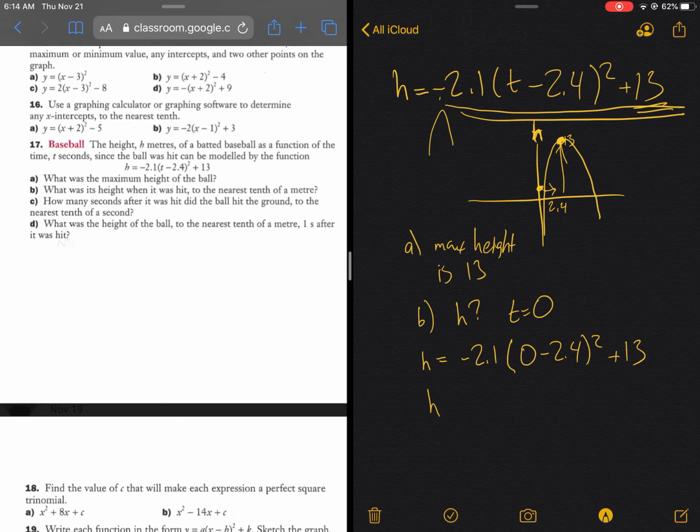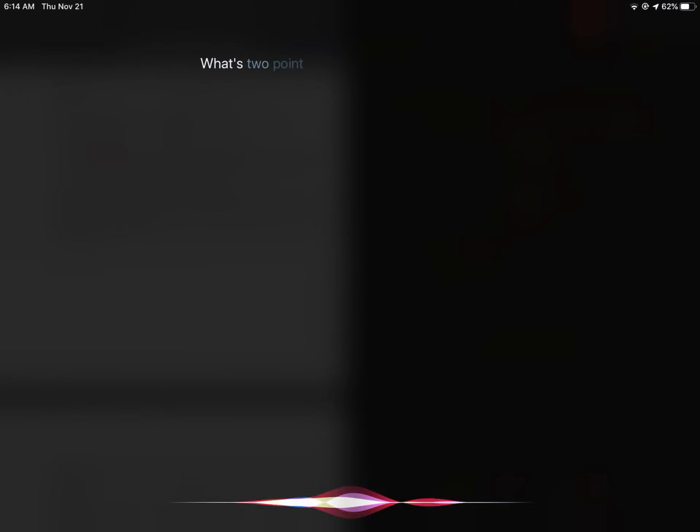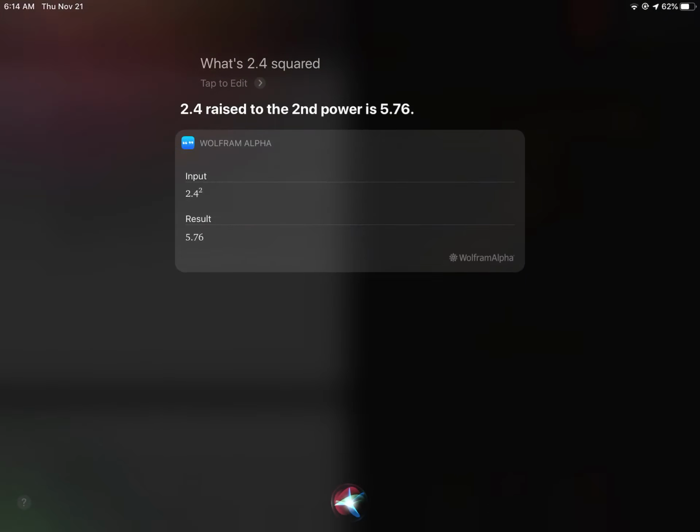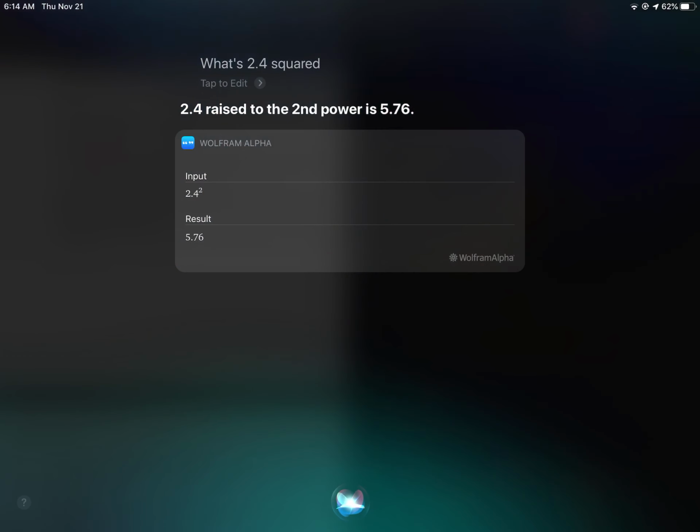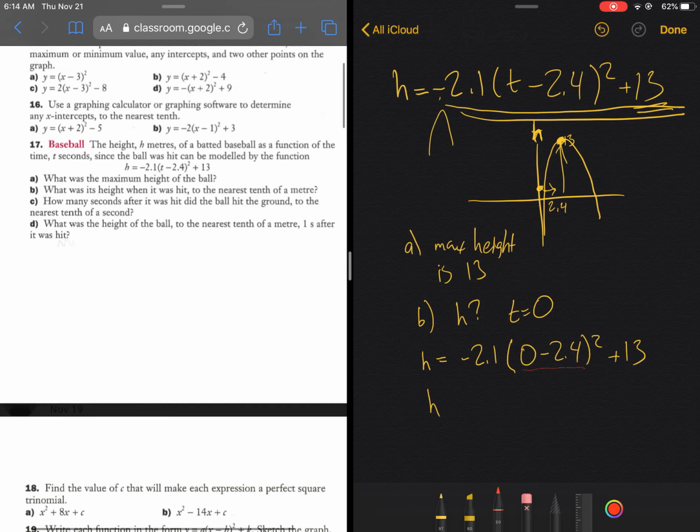Well, that's 2.4 squared, so that becomes 5.76. What happened to the negative? It got squared, so it's positive. Minus 2.1 times 5.76 plus 13.